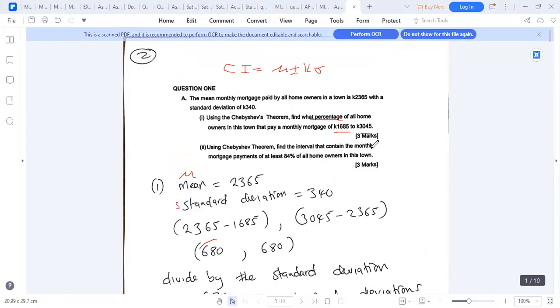The second part was asking us to compute the interval for which we are at least 84% sure. So for 84%, we know that we need to calculate our K first.